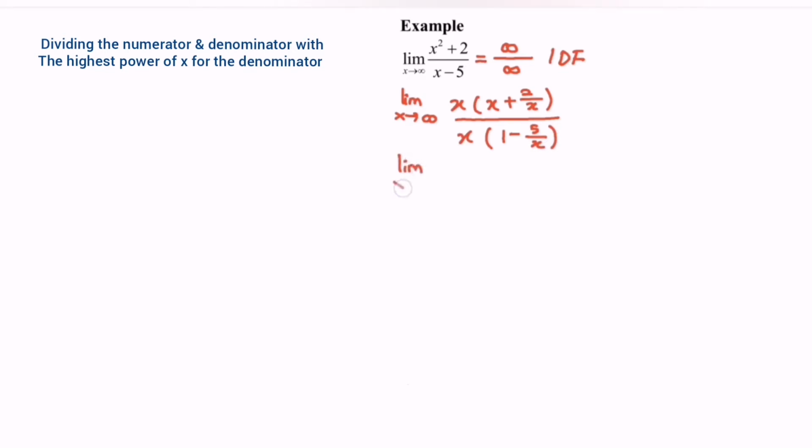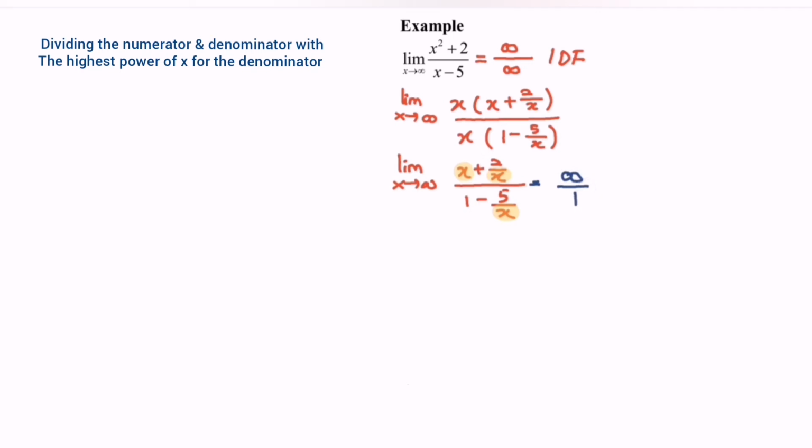Limit when x approaches positive infinity, x plus 2 over x over 1 minus 5 over x. Kindly substitute the situation. In here we will obtain 0 and 0. Here we will have infinity. So the situation would be infinity over 1.